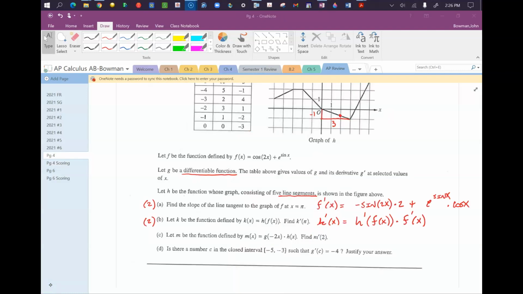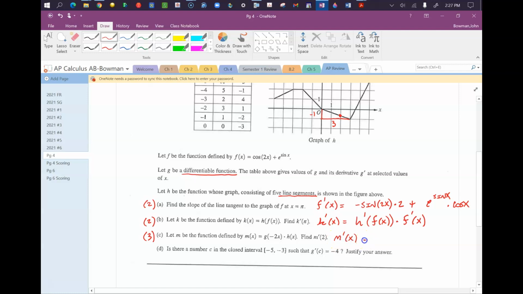Part C of this question is worth 3 points. Let m be the function defined by m of x equals g of negative 2x times h of x. Find m prime of 2. The first 2 points for that come from finding m prime of x.